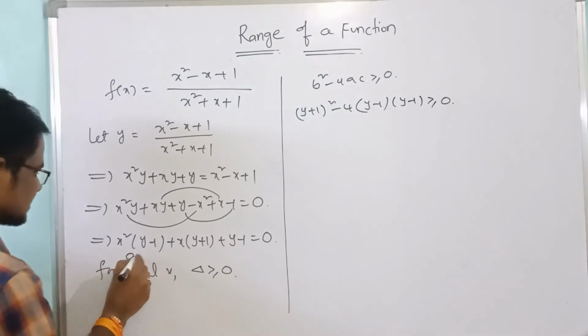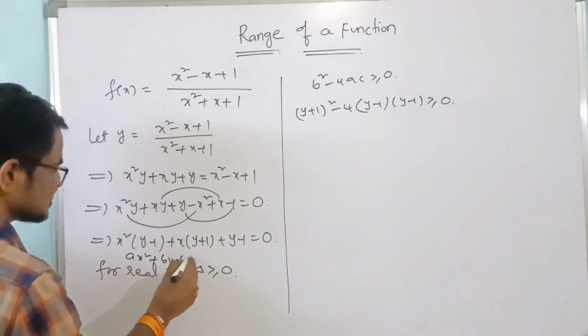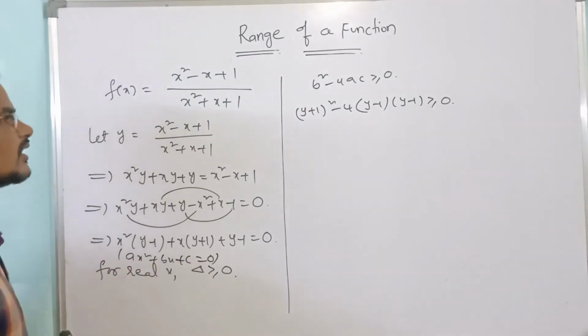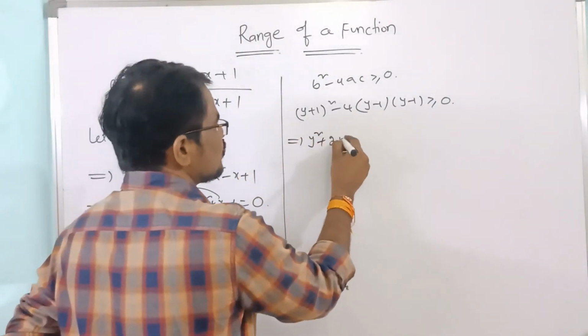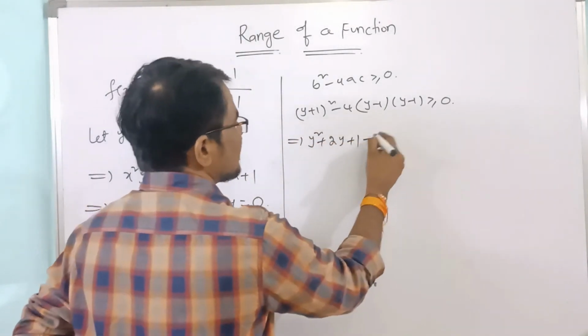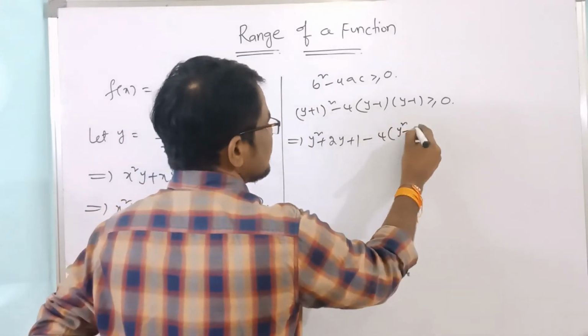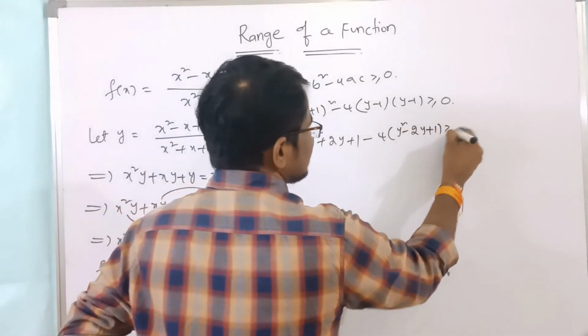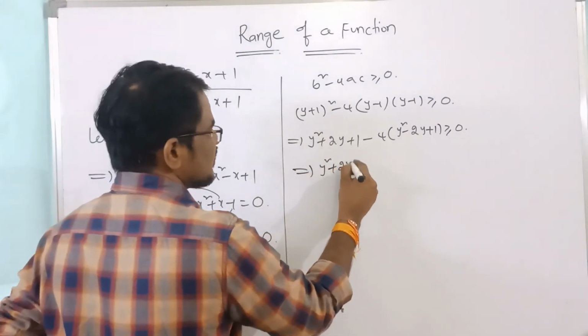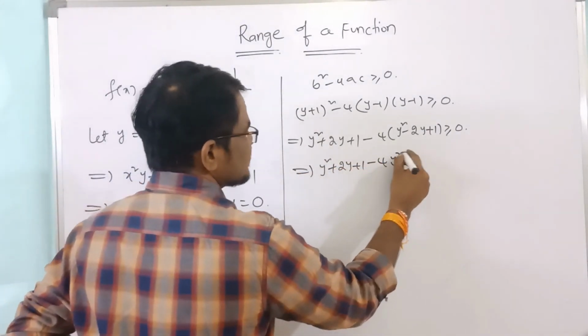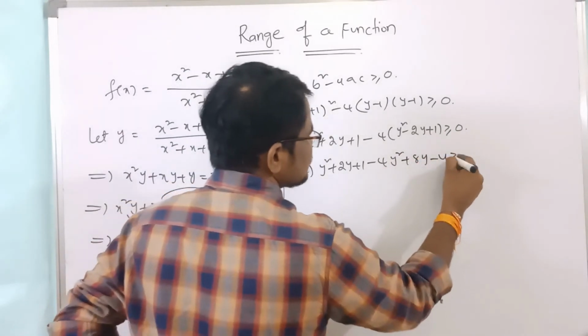If you write it as ax square plus bx plus c, compare with this one. Now simplify, y square plus 2y plus 1 minus 4 into y square minus 2y plus 1 greater than or equal to 0.